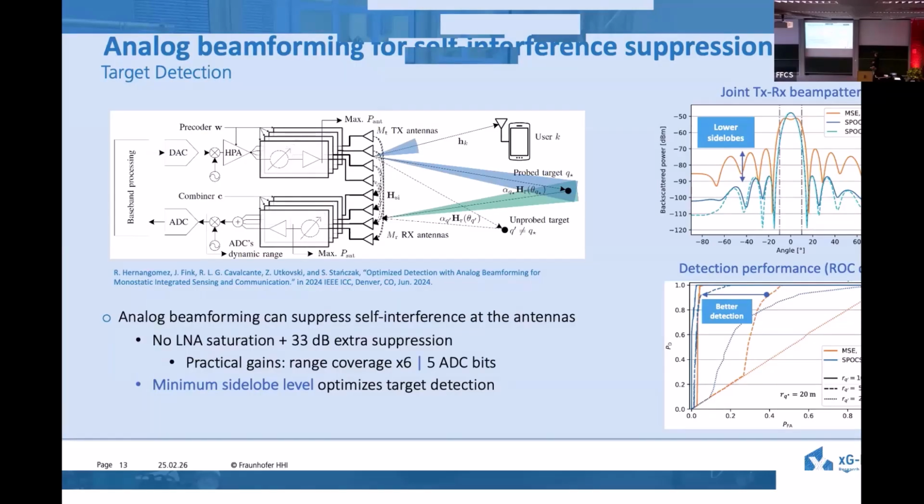I think this shows that there is huge potential for performance gains. And here you can see what it means in terms of detection. You have the ROC curve, the receiver operating characteristic, with the methods based on MMSE, and here the method that exploits the information available at the receiver.